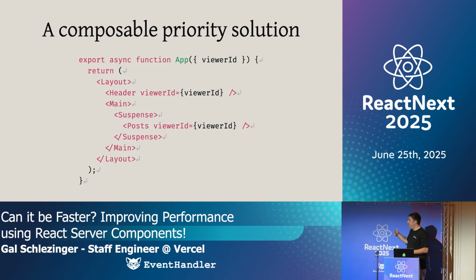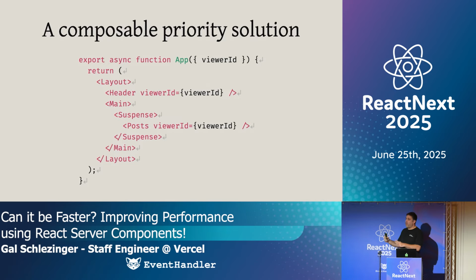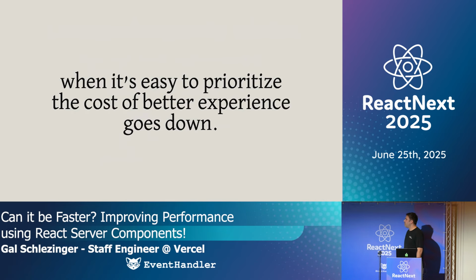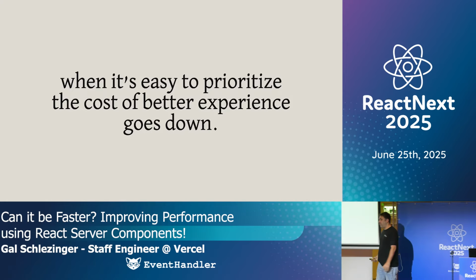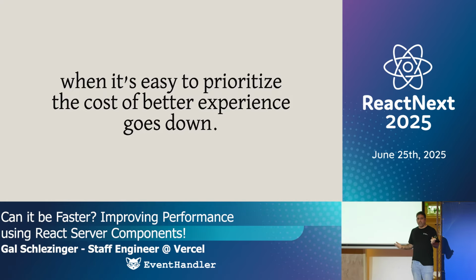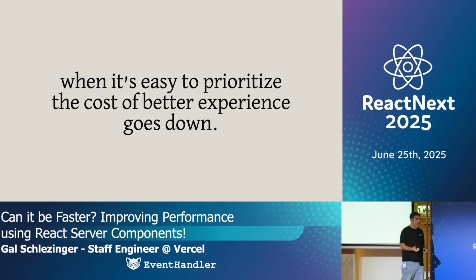This can stream later, and we know that it takes more time than just the static content, so we can just leave a hole there and get back to that later. So when it's easy to prioritize, the cost of a better experience goes down. Because you all did, in your apps, some deferred data loading.